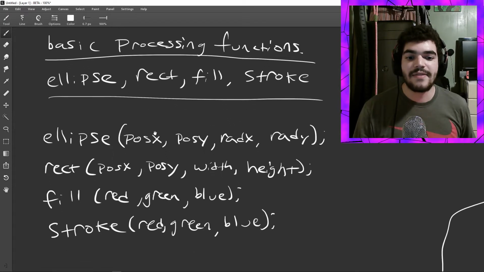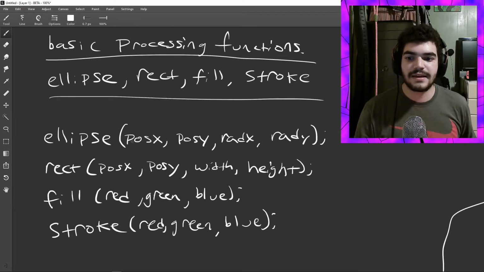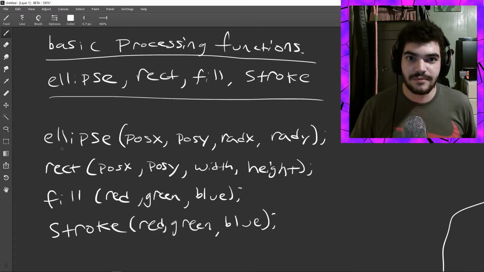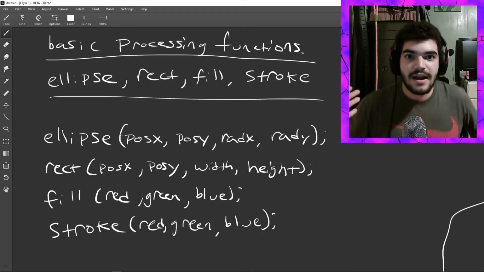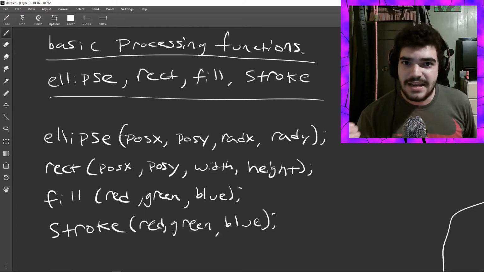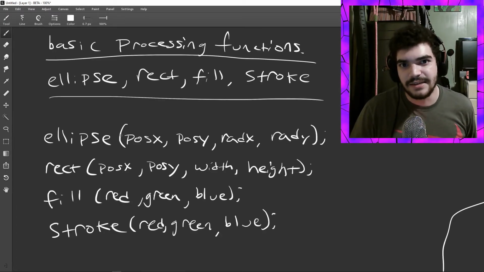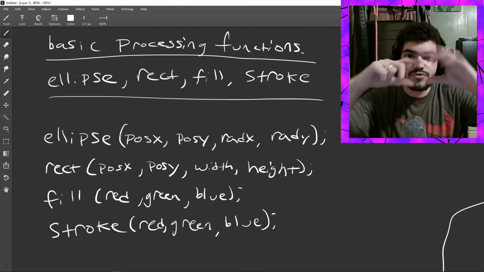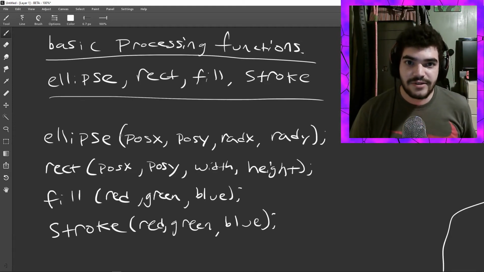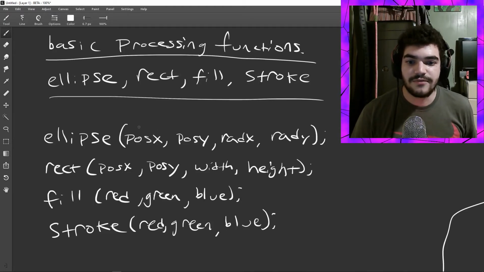And the way that we use these is we say, okay, ellipse. I'm telling the computer I want to draw an ellipse. And the computer goes, okay, I know how to draw an ellipse, but I need a few things from you. I'm going to need the center of that ellipse, and I'm going to need the two radiuses, or the radii, of the ellipse. So we can give it to the computer by putting that information within parentheses.